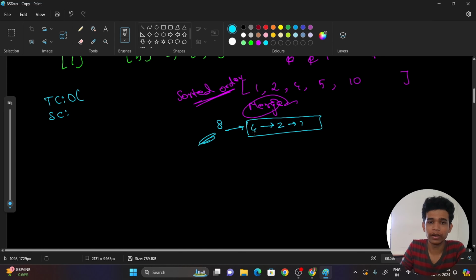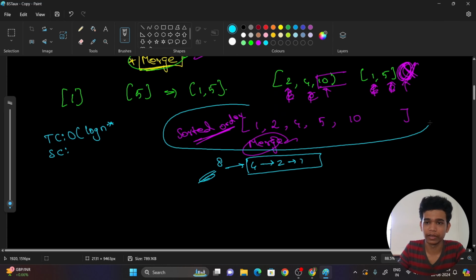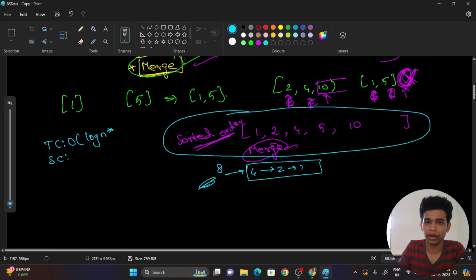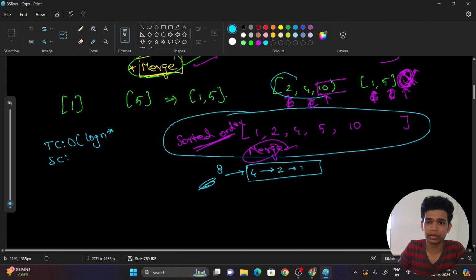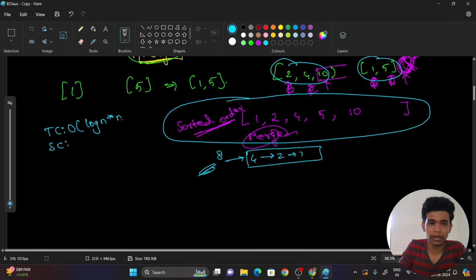So, I can go up to 3 times. So, it will be log of the length of the array, multiplied by the merge function. For doing this, I am iterating over each and every element in these arrays. So, I can say it will be n.